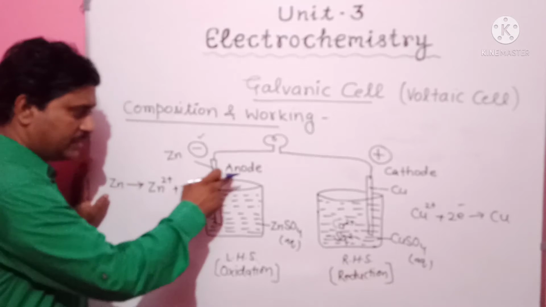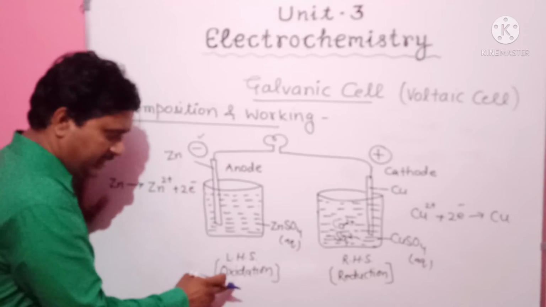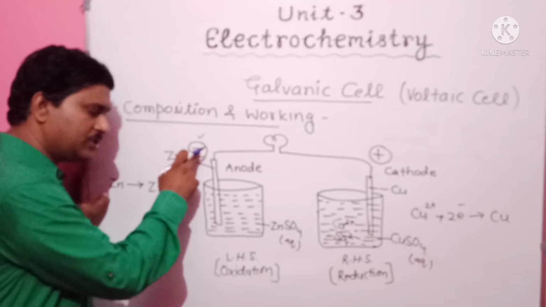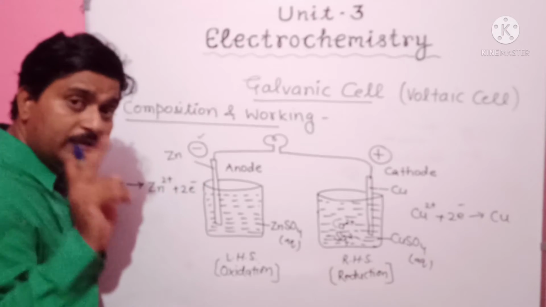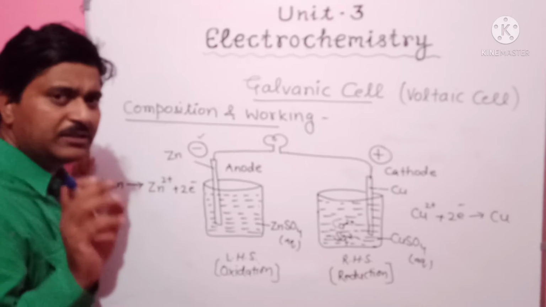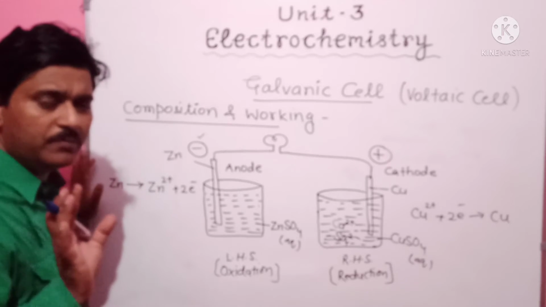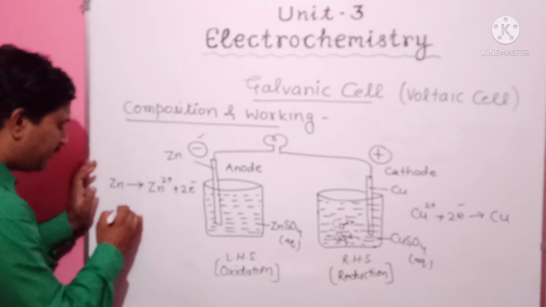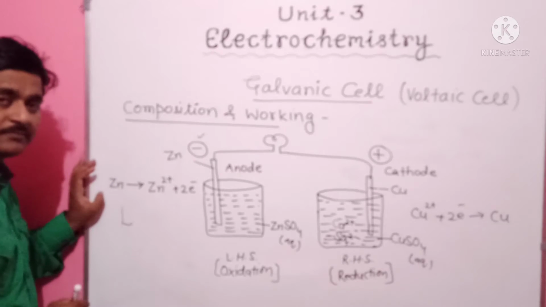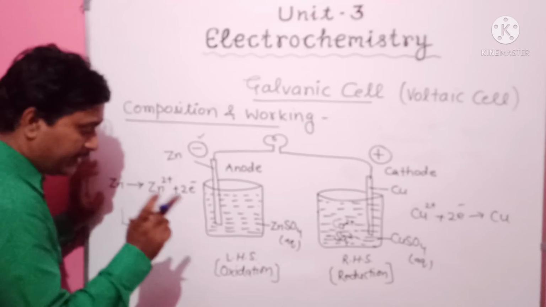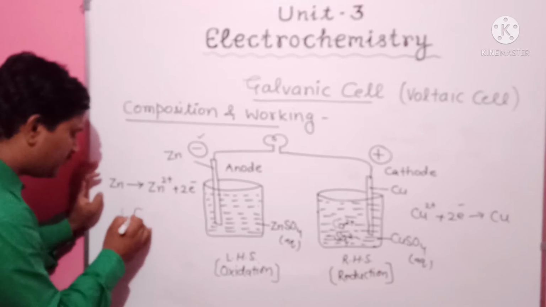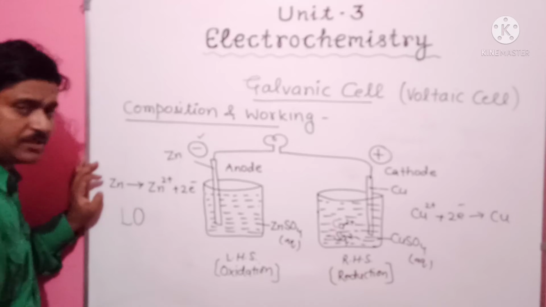Oxidation occurs at the anode, always taken towards the left hand side. It contains negative charge. To learn it easily, there is a short form. For left hand side, we have to take L, and oxidation occurs here, so we have to take an O from oxidation.